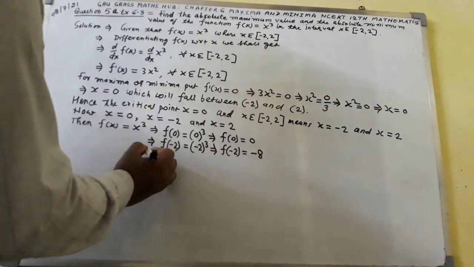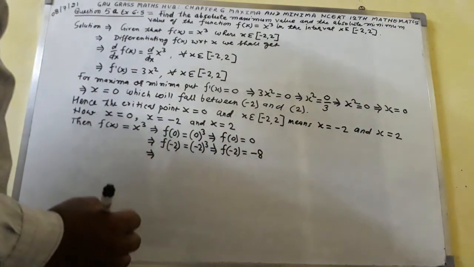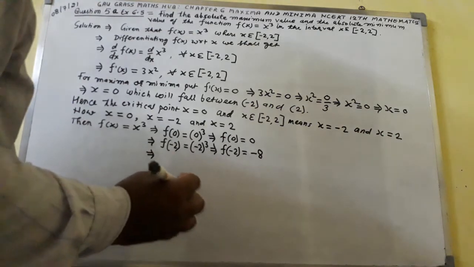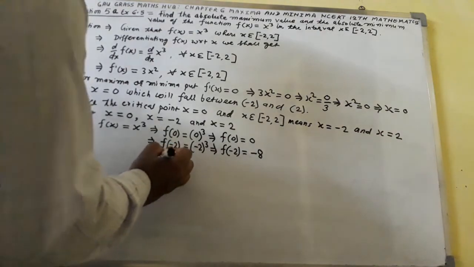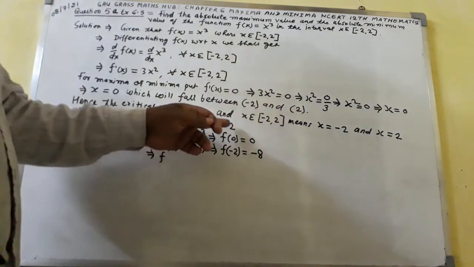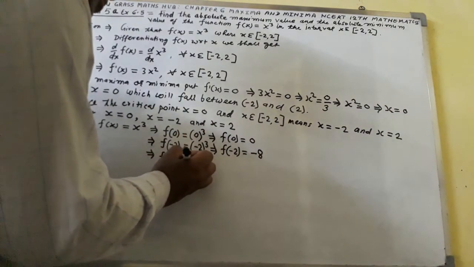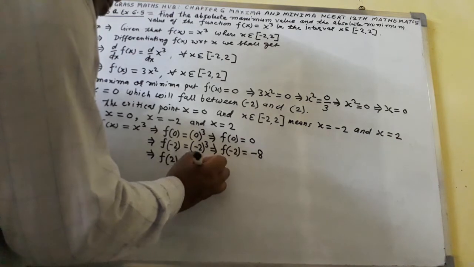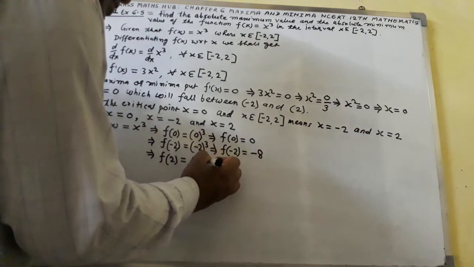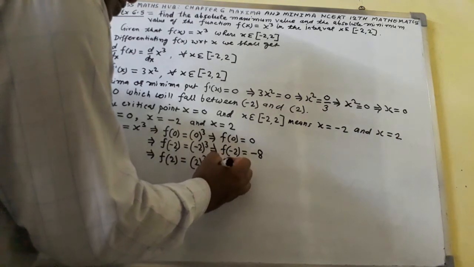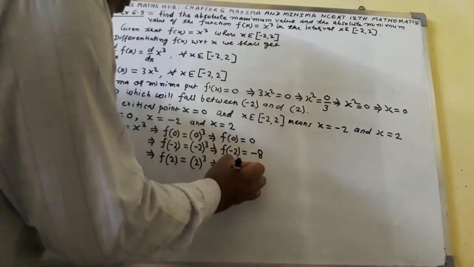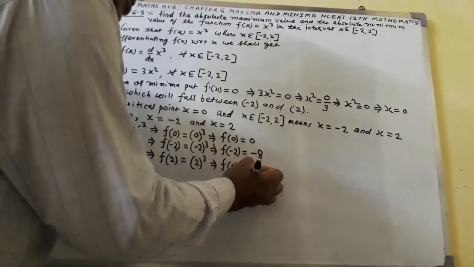Again I shall write, implies that if the value of x I shall take 2, so here you will get 2 raised to the power 3, implies that f of 2 is equal to 8.